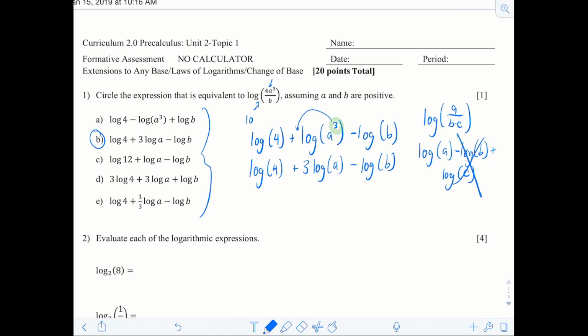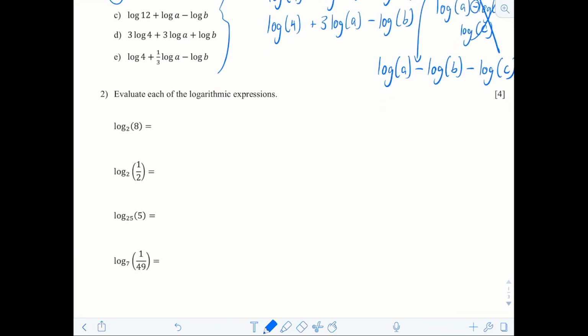The reason is that the C is in the denominator as well with B. So when I'm dealing with that subtraction piece, it's saying that both of these values have a negative exponent because they're both in the denominator. So the answer would be log of A minus log of B minus log of C. Just something to take note of.